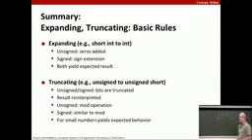What if I decided, oh, I can't afford 5 bits, I'm only going to give you 4? Well, you basically just drop the most significant bit. And you get 8 plus 2 plus 1, which is 11.